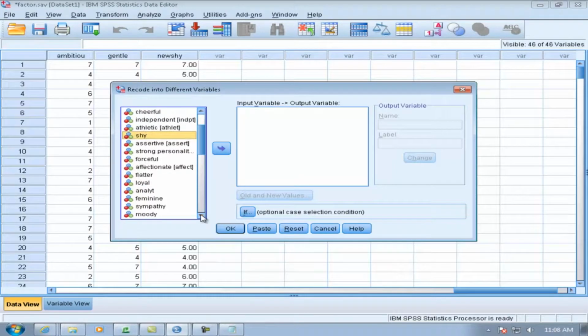Soft spoken. Whereabouts is that at? Is it toward the bottom? Well, it's kind of in the middle. From the bottom, it's right there, under happy. It's the very last one right now where you have it. Oh, here it is. Okay.